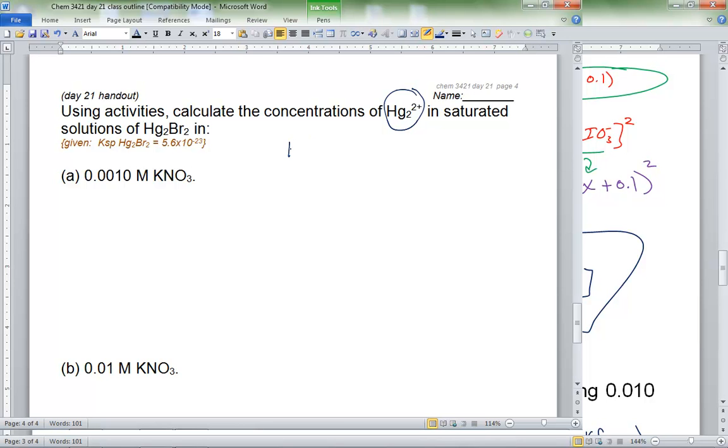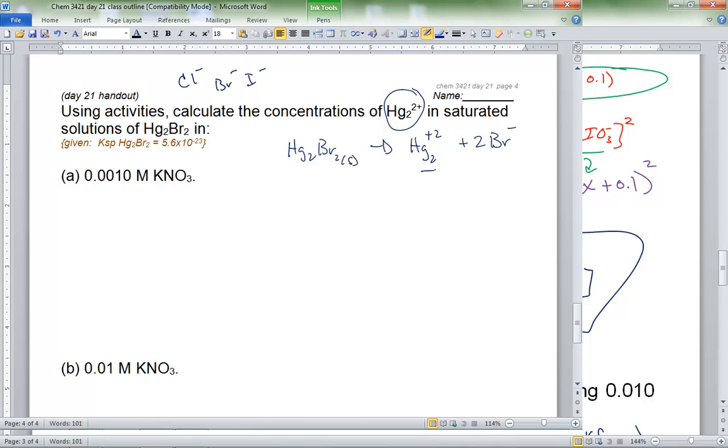So the solid goes to its ions, and this has to be one of those ions. So what would be the remaining ions? 2 bromides, right? And that's why it really helps to know those charges. All those halides: chloride, bromide, iodide. It really helps to remember all those.